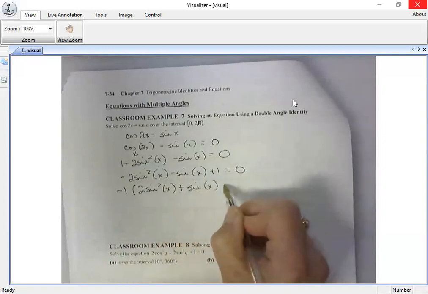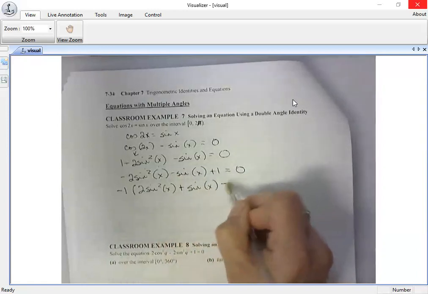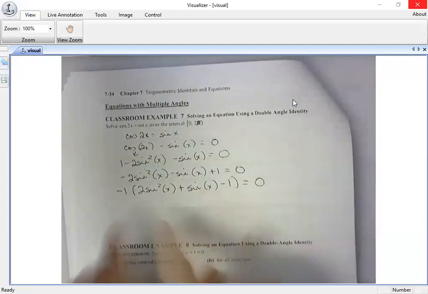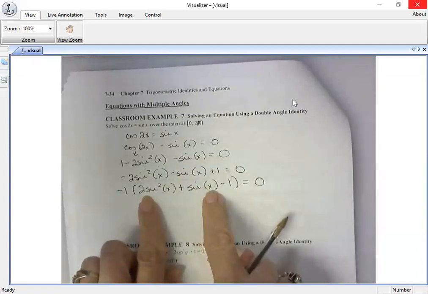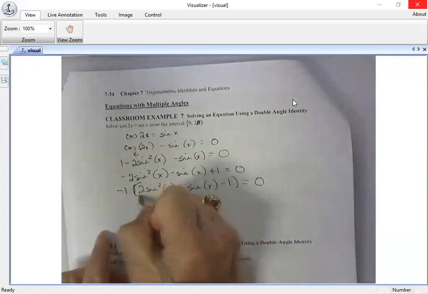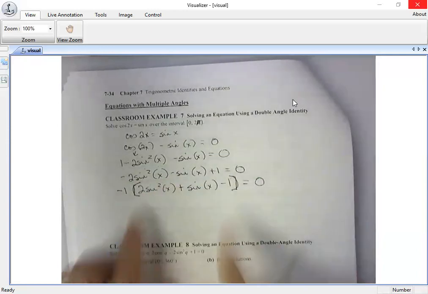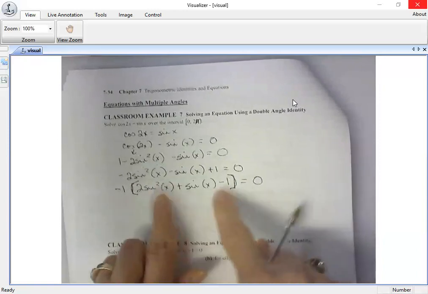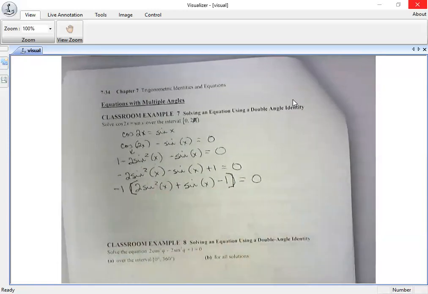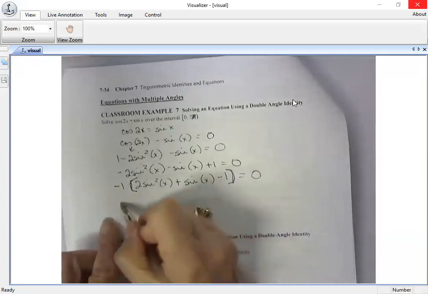And then what goes here? Very good. By factoring out a negative 1, I change all of the signs from what they were, but that makes it a lot easier to factor. In fact, let me change these to brackets so we can see the negative 1 isn't going to affect anything. This is the part that I need to factor. So to save a little time, I'm going to go ahead and open up 2 sets of parentheses.